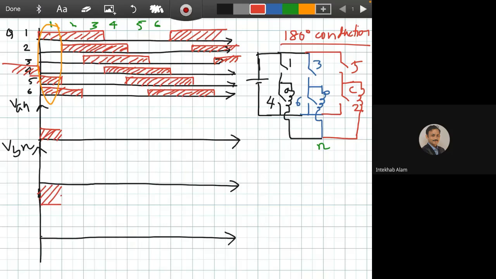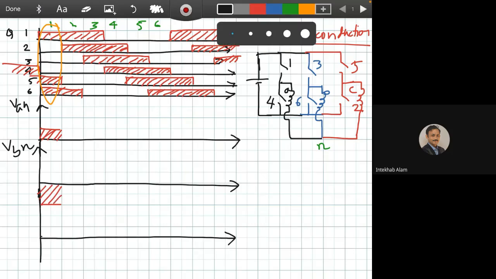Okay, so which switches will remain on in mode 2? Can you hear me? These are 1, 2, and 6, sir. So what will be the value of VAN now?